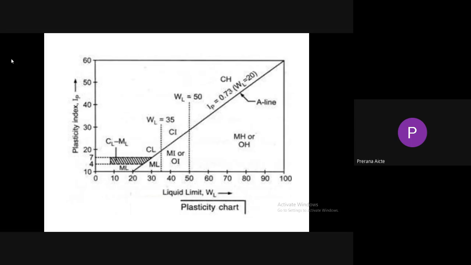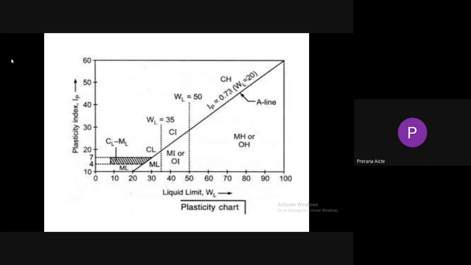Next, C for clay. If the point lies above the A line, it is called clay. If the point lies below the A line, the soil may be in two categories: inorganic silt or organic soil.